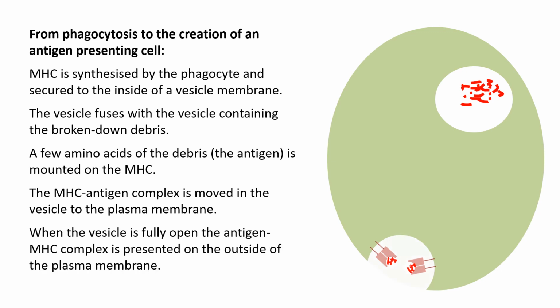What's going to happen is the vesicle will fully open, become part of the plasma membrane, and we've now got the MHC with the antigen mounted in its little notch at the top, sticking out from the outside of the plasma membrane of our phagocyte. It's presented on the membrane of the phagocyte.